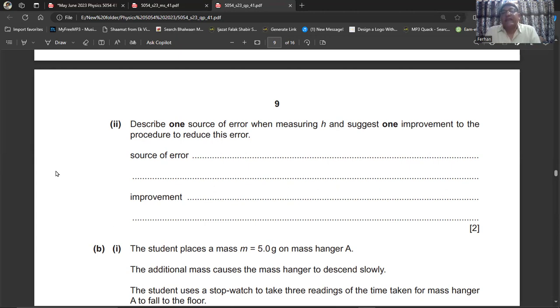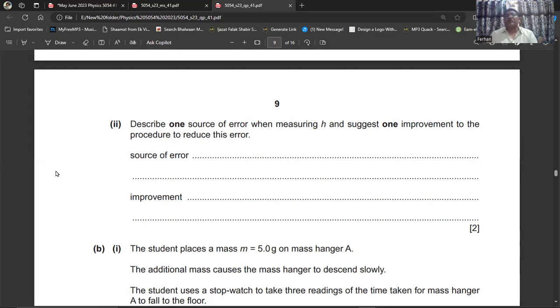That vertical scale must be perfectly vertical, or you can say it must be perpendicular to the floor. How do you make sure that it is perpendicular to the floor? By using a set square. With the help of a set square, you make sure that the vertical scale is exactly vertical to the floor.